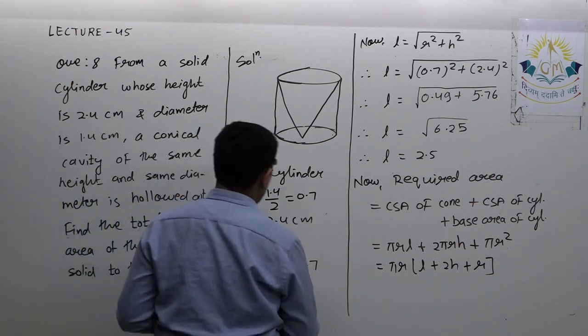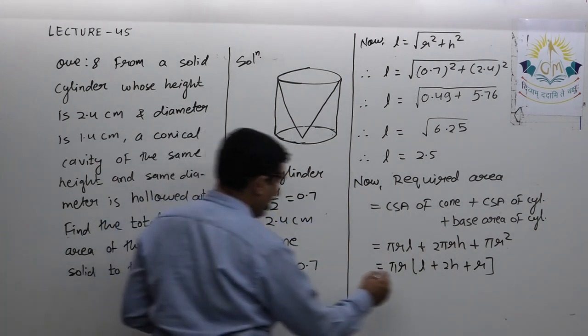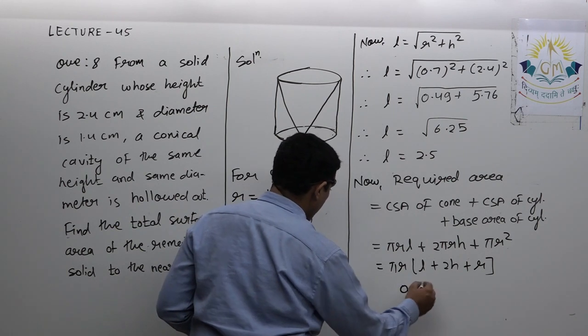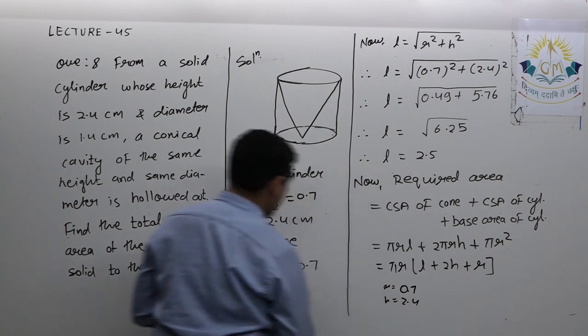Let us solve this further. R is equal to 0.7 and H is 2.4.